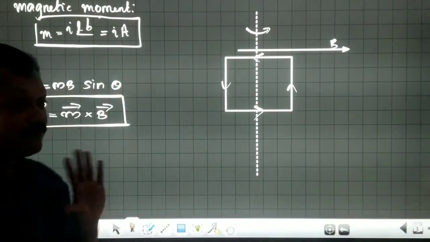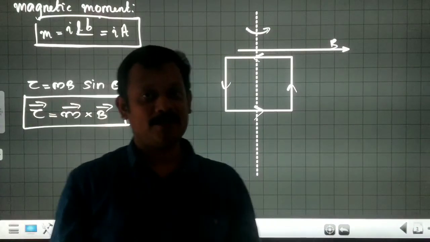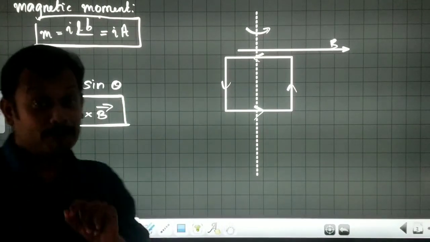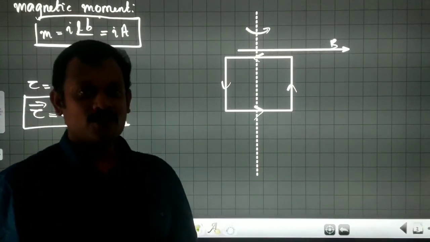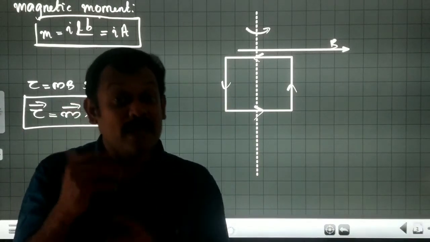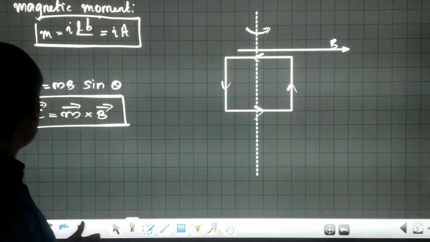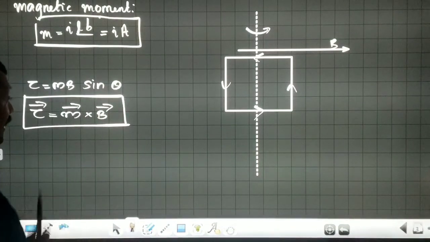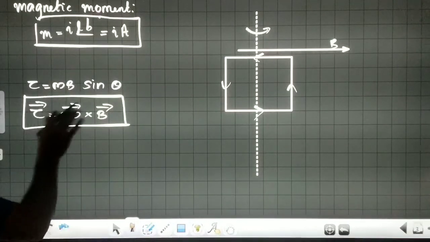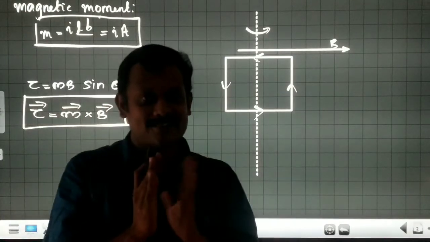Analogous to that we have M, the magnetic dipole moment, and B, the magnetic field. Both these formulas complement each other. So the torque experienced by a current loop is tau equal to M cross B.